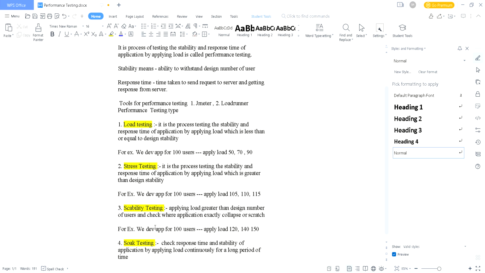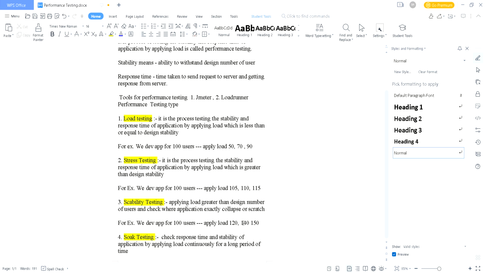The third one is scalability testing. In this testing we also apply load beyond the limit, and we check exactly at which point our application collapses or crashes. Taking the example of 100 users, we apply loads of 105, 120, 140, 150.